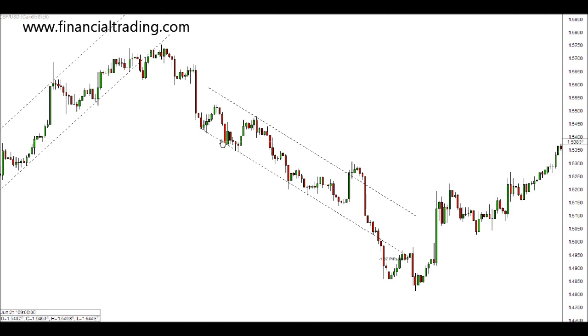So how can channel support and resistance help us as we trade? If we were to identify this push, pullback, push and pullback, this downtrend pattern in the market, we could draw a support line connecting this bottom and this bottom, which would create this line here.